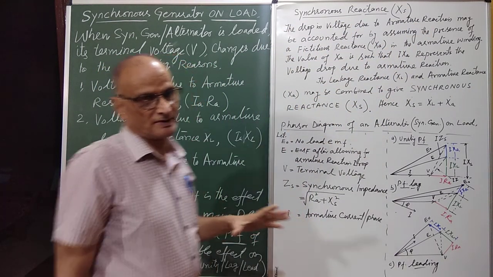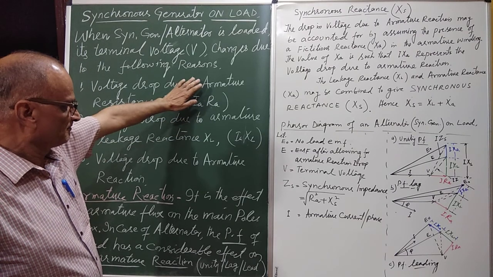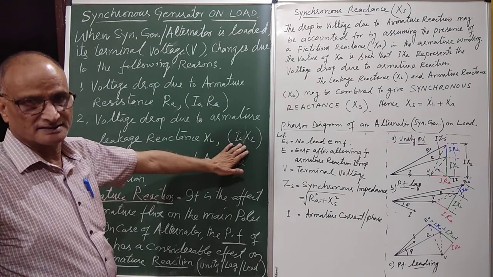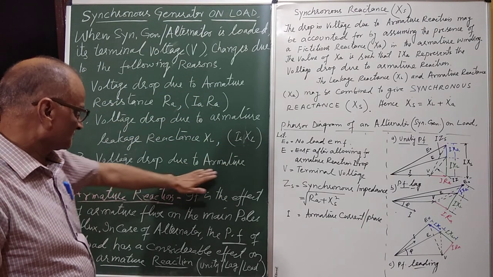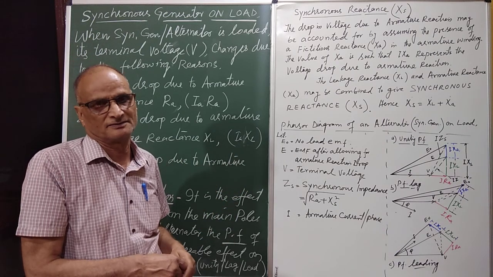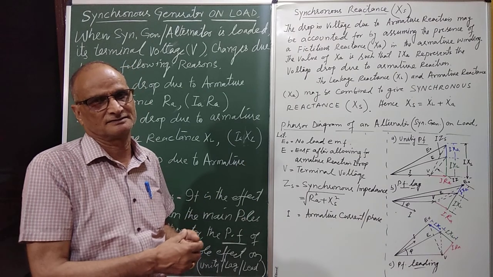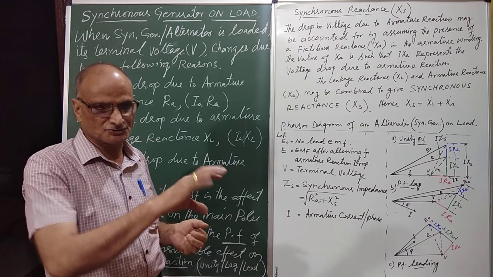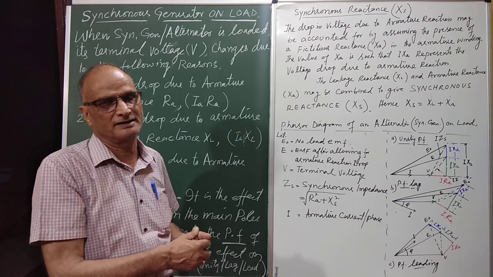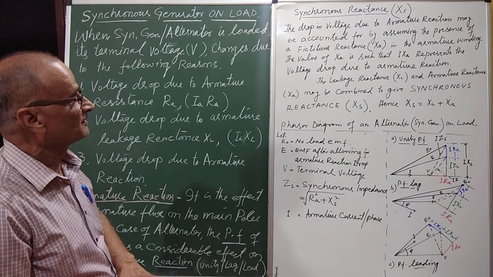So voltage drop in the armature is due to armature resistance IRA, due to leakage reactance IXL, and there is also the drop due to armature action, which is not visible because this drop is due to a change in the flux and it is not actually appearing in the winding as a leakage reactance.